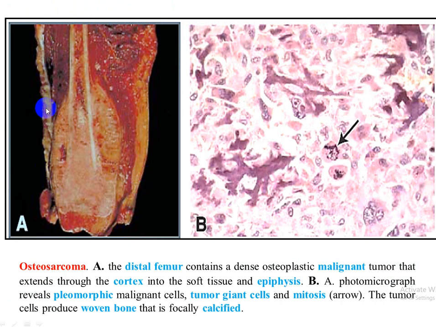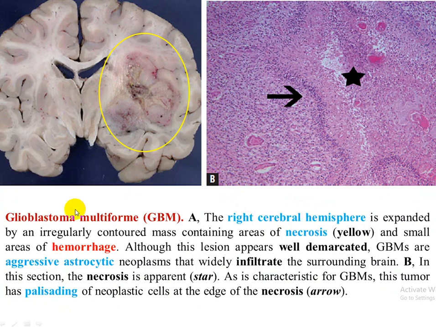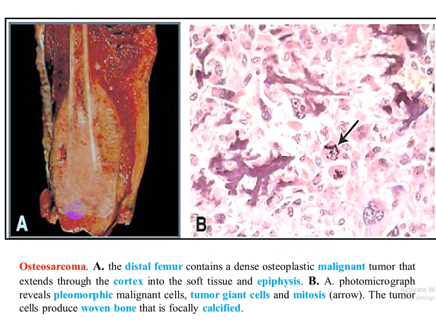Another typical example of a malignant tumor is osteosarcoma. Osteosarcoma is a highly malignant bone tumor, may be primary or secondary to Paget disease, and the most common location is the metaphysis of long bones such as the distal part of the femur or tibia or humerus.